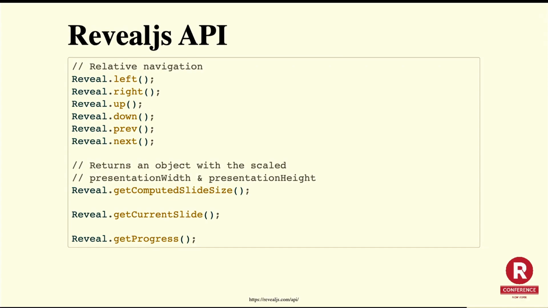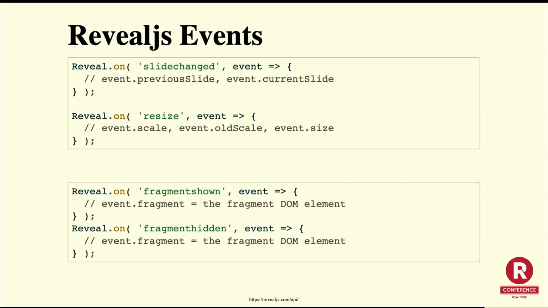This reveal object has a lot of information about the slide and is used to modify it. So if I go into the console and run reveal.left, it will go back a slide. Or I can go forward a slide, I can find out how far I am in my slides, and find out all this information about the slide, or do things with it. I can shuffle the slides, which is kind of fun.